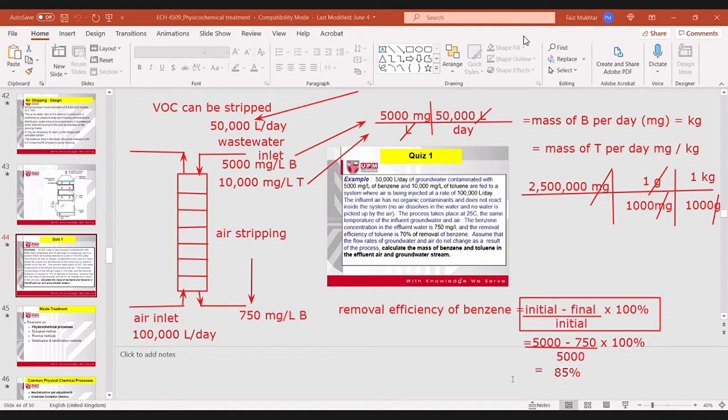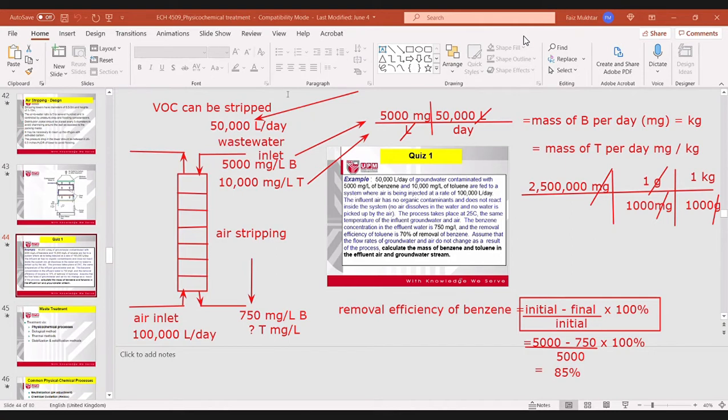Now you got the removal efficiency of benzene, but how to know the concentration or amount of toluene down here? In milligram per liter, or if you already convert to kilogram, doesn't matter. So what is the concentration here?